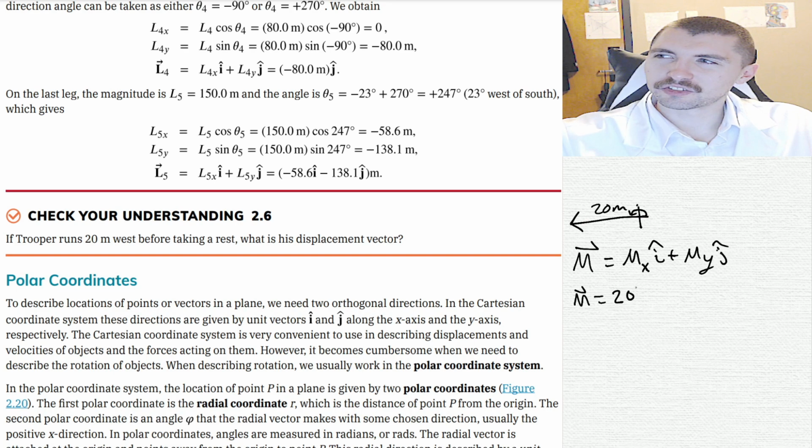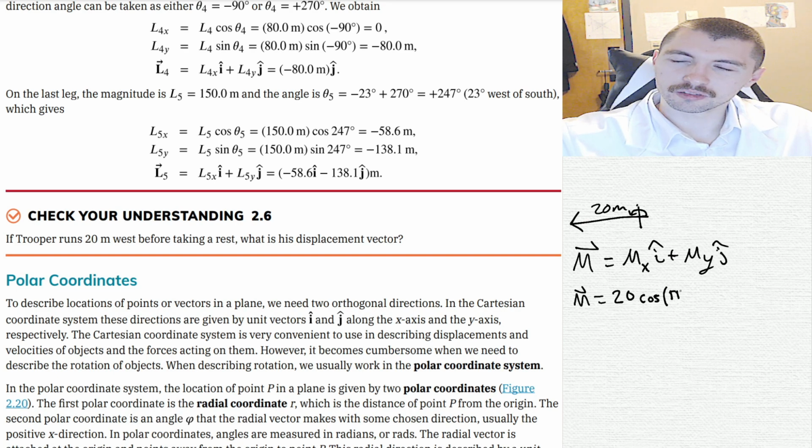So instead of thinking like SOHCAHTOA, what pattern is the book using? If you see the pattern, the x component seems to go with the cosine, the y with the sine. So instead of just trying to visualize the triangles and the adjacent angles, I'm just going to copy the pattern the book's using. So I'm going to guess this is going to be cosine of pi.